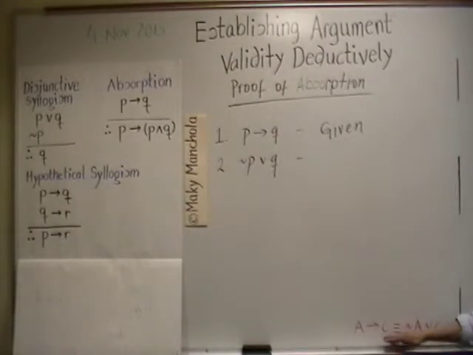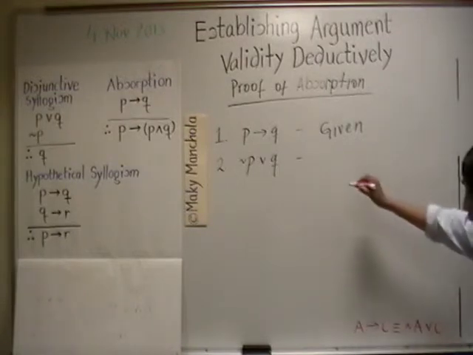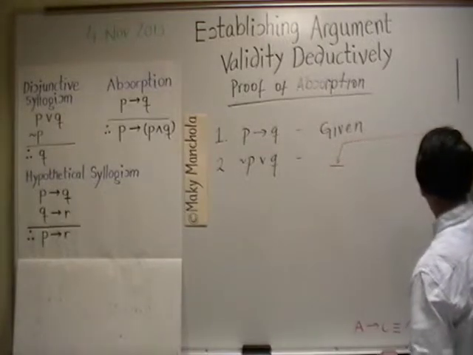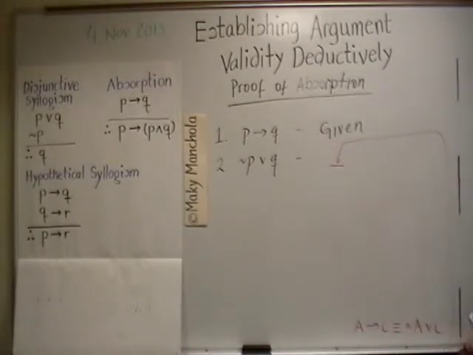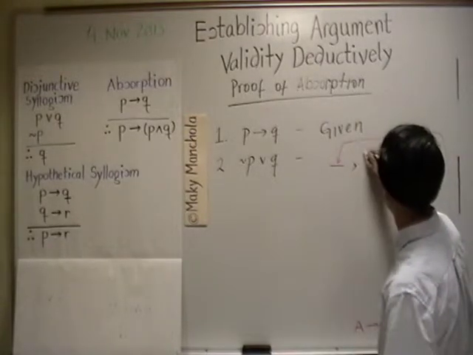It does not have a particular name, so in this presentation, we're going to point to it. So this is our justification, that identity, the one that writes a conditional as a disjunction, and we're applying that to step 1.